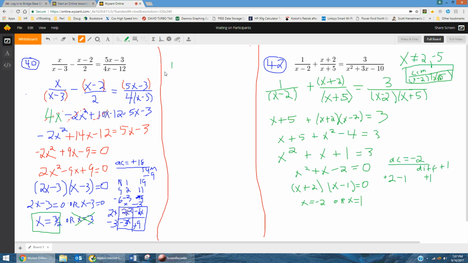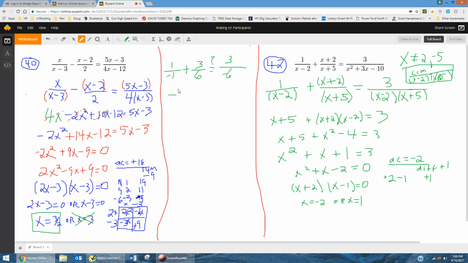So 1 over 1 minus 2 is a negative 1, plus, put 1 in for x, I get 3 in the numerator, 6 in the denominator. Does that equal 3 in the numerator? Put 1 in for x, I get 1 plus 3 is 4. 4 minus 10 is negative 6.